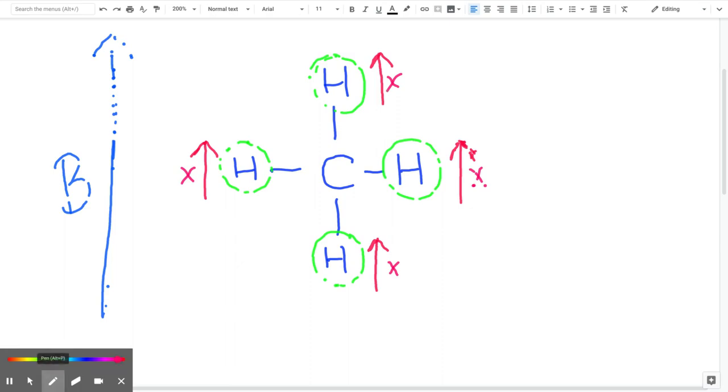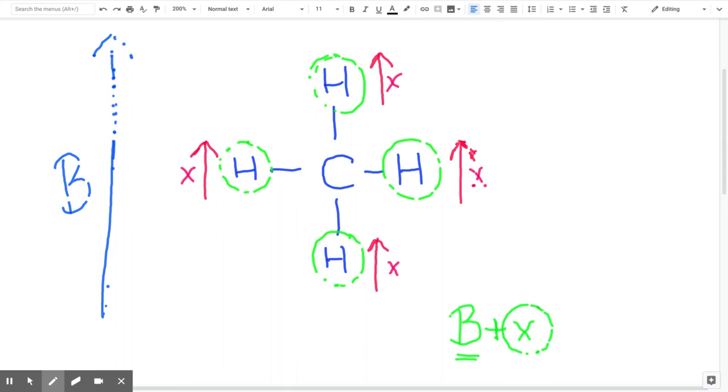If we were to then try to record or measure via a detector the magnetic field present around that compound, the machine would measure the magnetic field of its own magnetic field plus the slight increase due to X. Now, if the machine knew what its own magnetic field was, it could therefore, by measurement, calculate what X was.